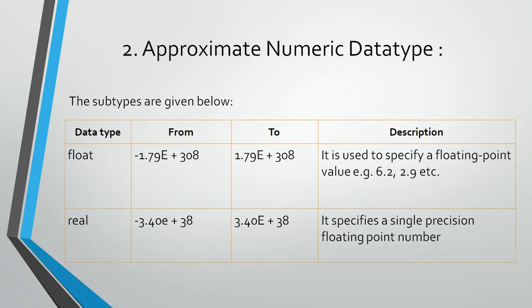Then another type is approximate numeric data type. In that type, the float and real values fall under this type. Float is used to specify a floating point value, for example like 6.2, 2.9, etc. Then real type specifies a single precision floating point number.